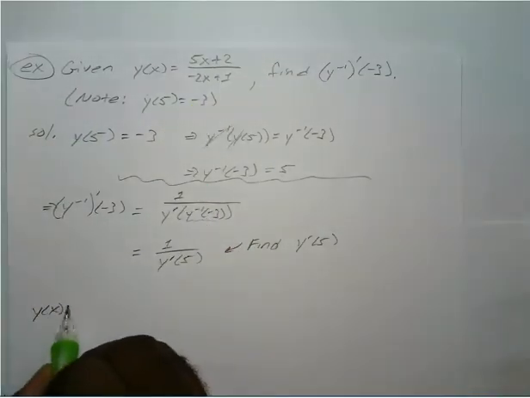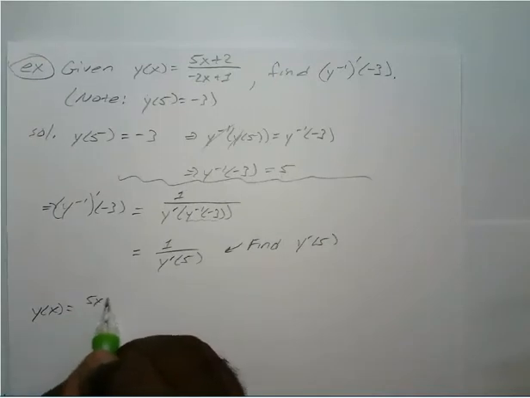So y of x is equal to 5x plus 2 over negative 2x plus 1.